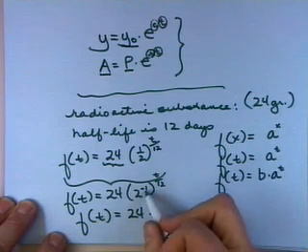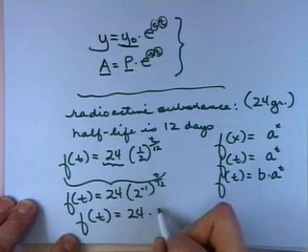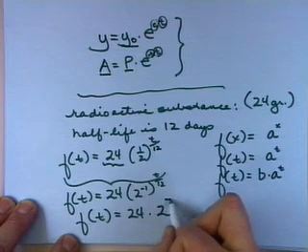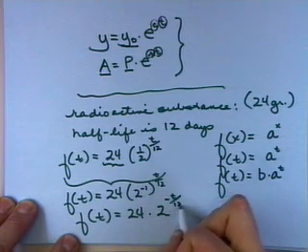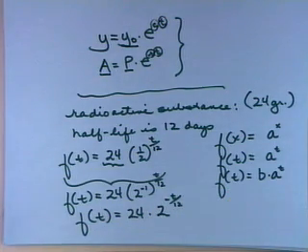So 2 to the negative first to the t over 12. And that's another way that you can tell something is a decay function, because of the negative exponent. So you can see it because of the base itself being smaller than 1, or because the base is larger than 1 but the exponent is negative. So that could model a decay function as well as a growth function.